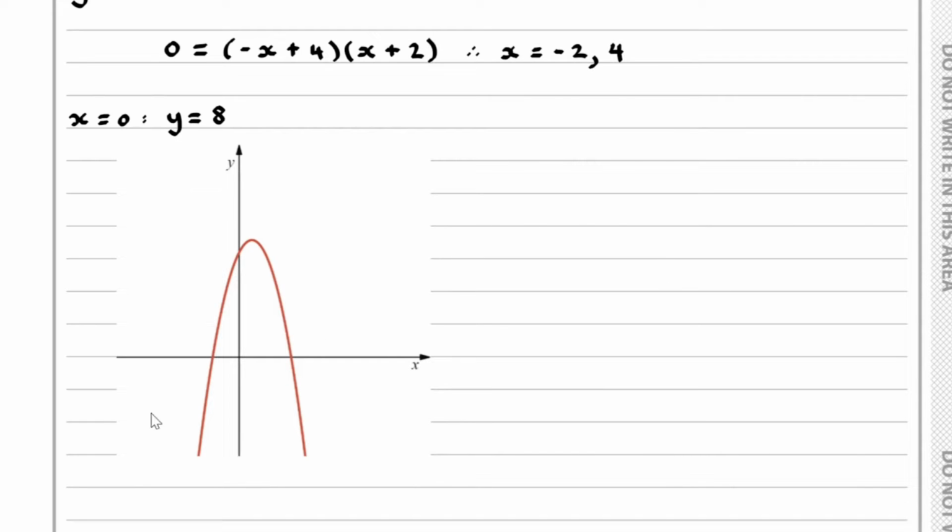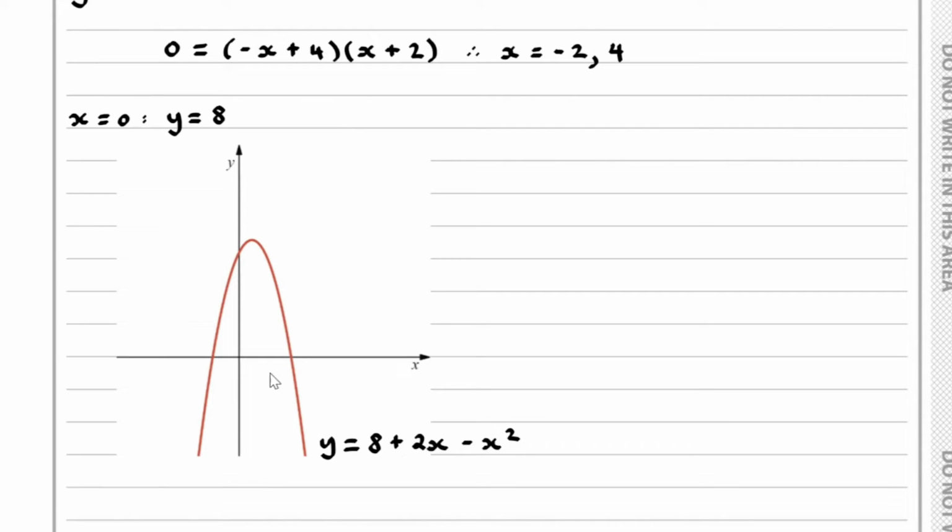So when I sketch the graph, I have something looking like this. Here we've got the graph of y equals 8 plus 2x minus x squared.